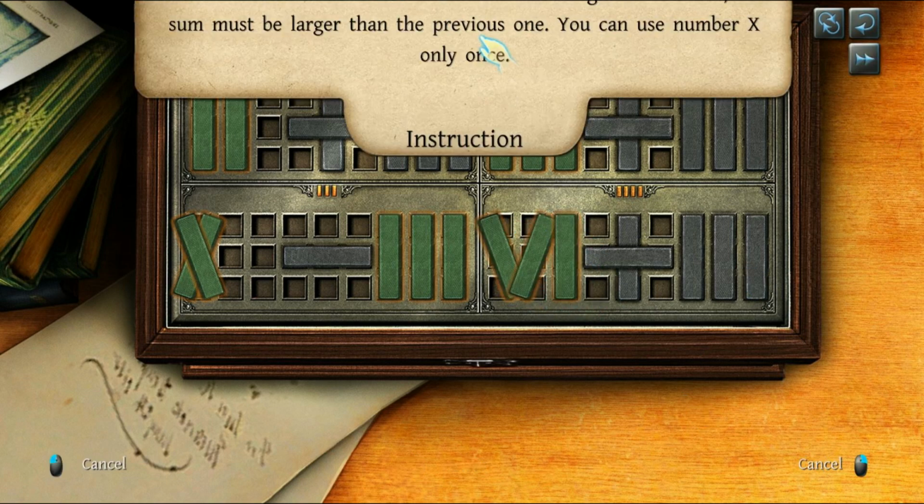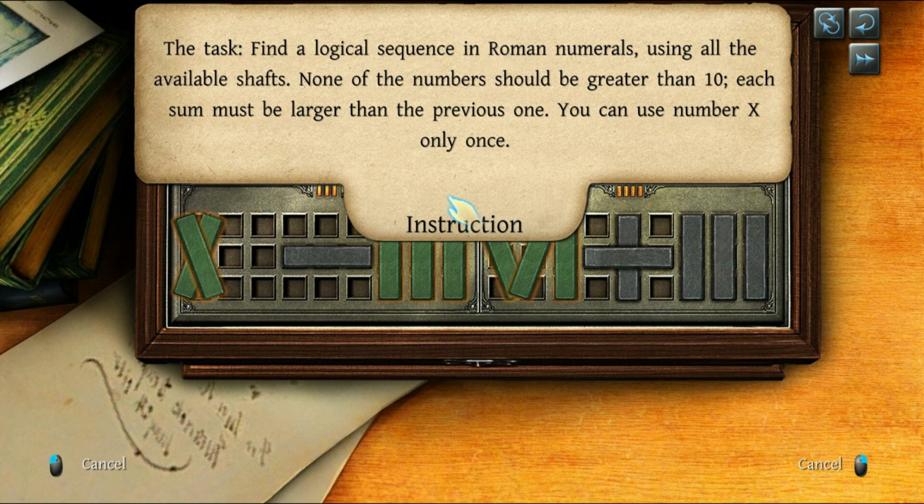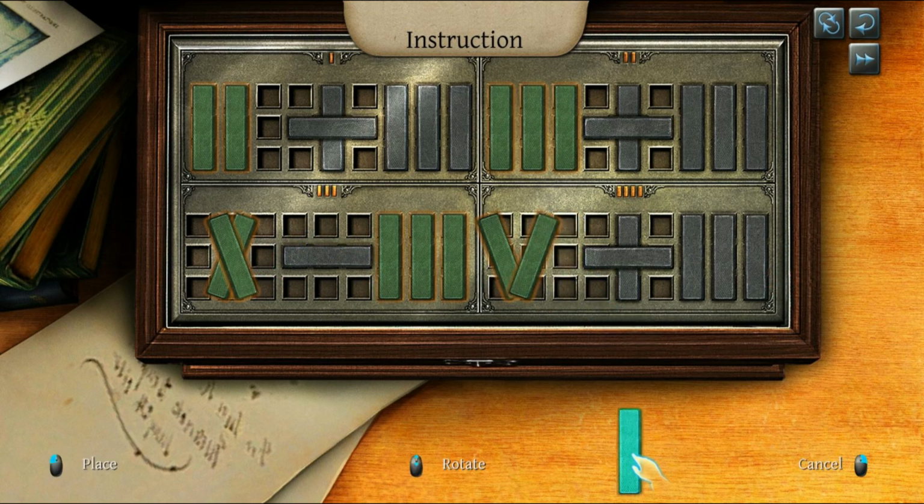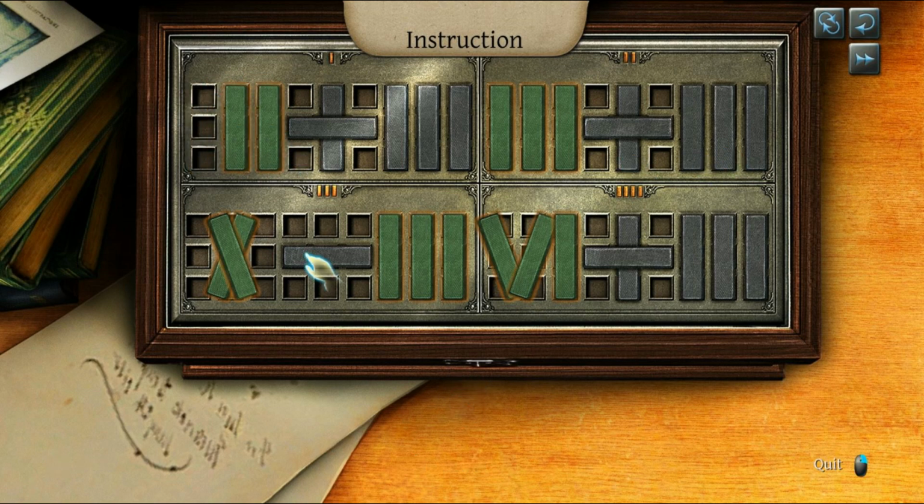No, I don't want to skip the puzzle. Yeah. 7. 5, 6, 7. I mean, maybe I've got to do that. But then that becomes 5, 6, 8, 8. I mean, that's completely correct. 5, 6, 7, 9.